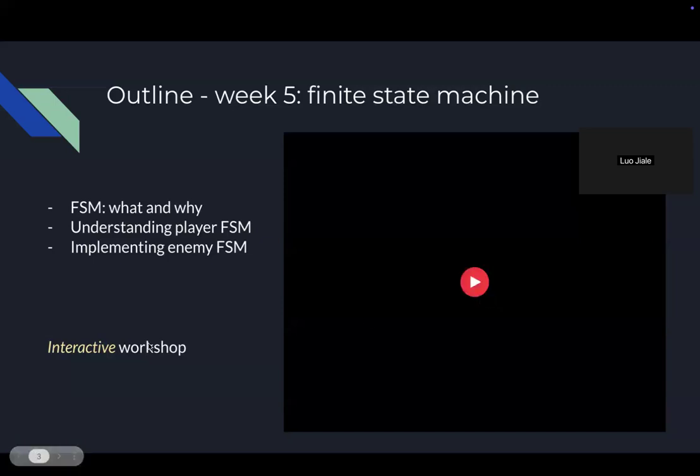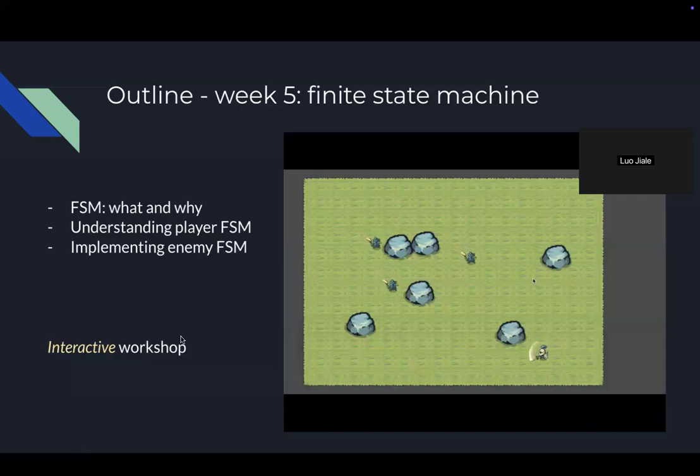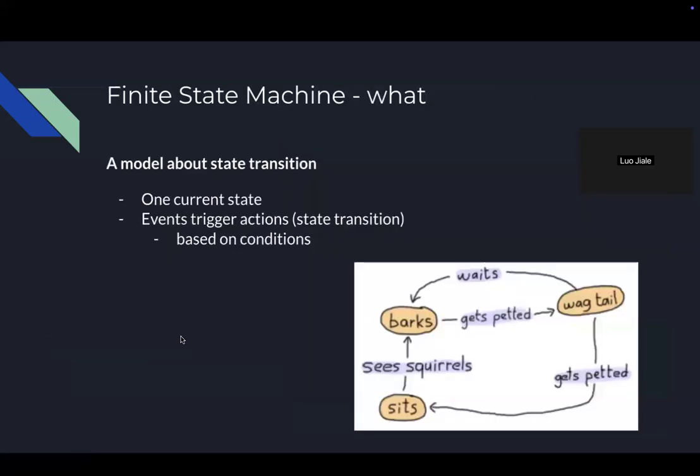Right. So that's this week's topic, and for starters, let's understand what a finite state machine is. An FSM is very simple. It's just a model of the logic of state transitions in your game. There is one and only one current state that your character is currently in.